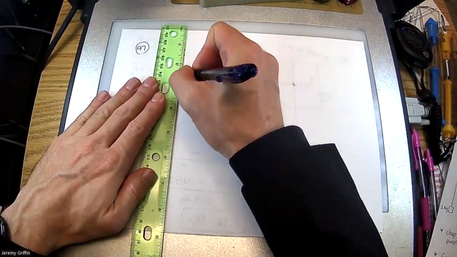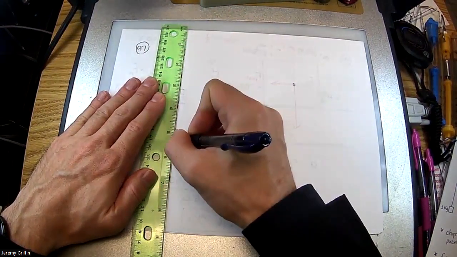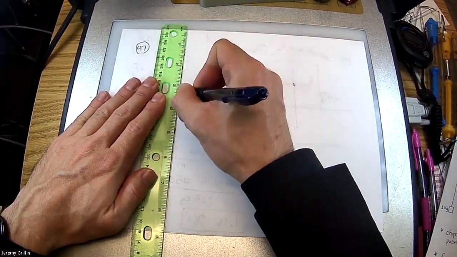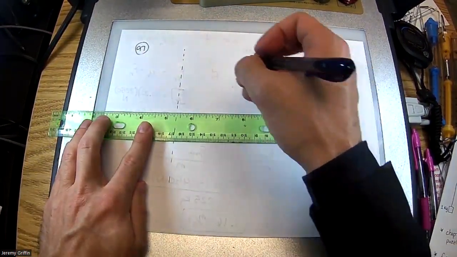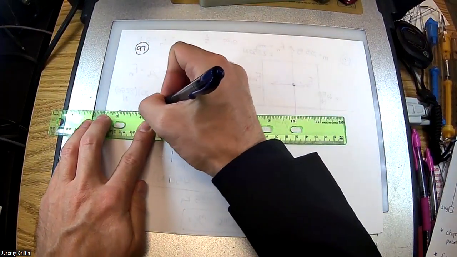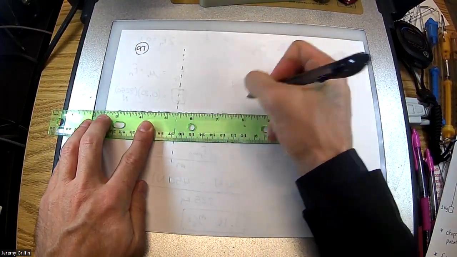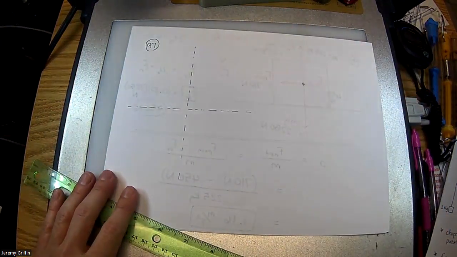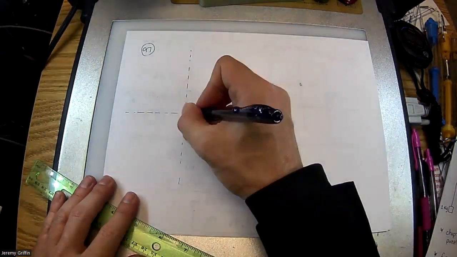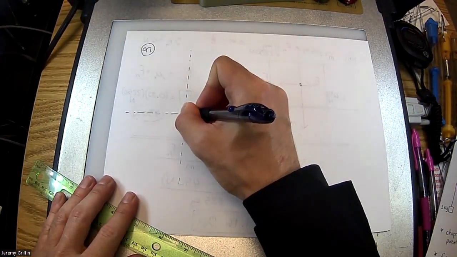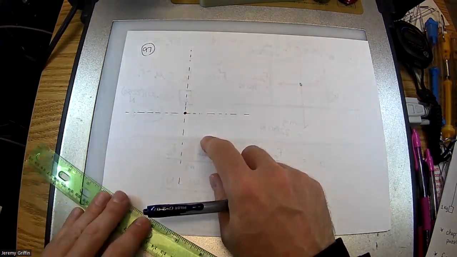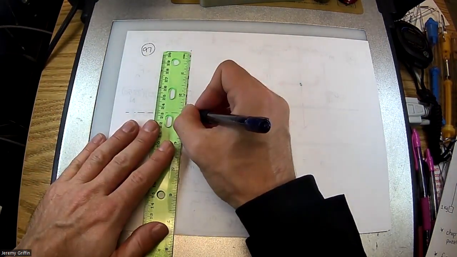Set up a Cartesian system right here. So this node right at the center, this is where everything's coming together. We got the sign hanging straight down.